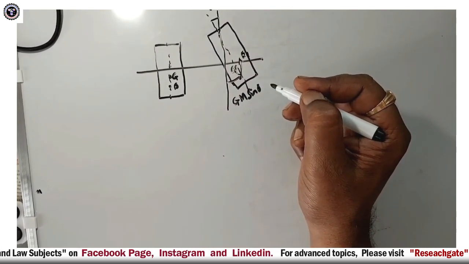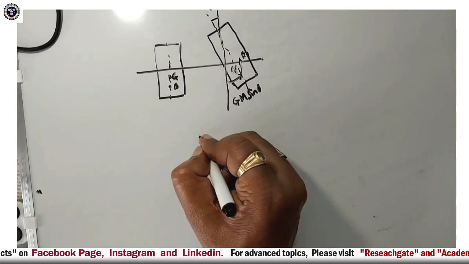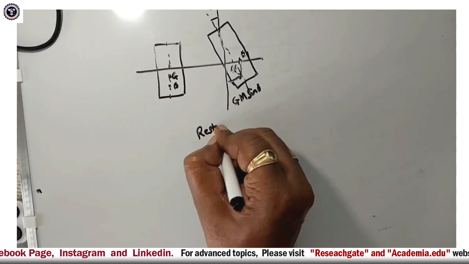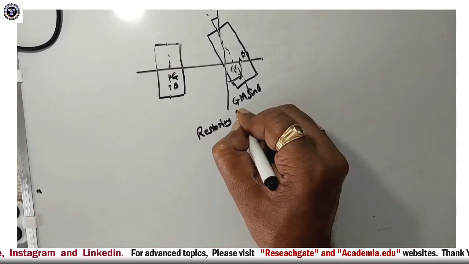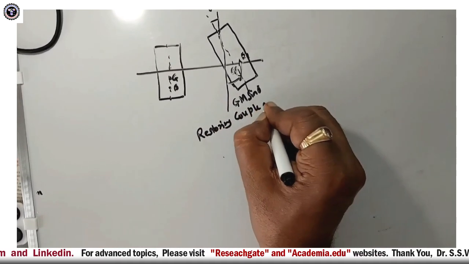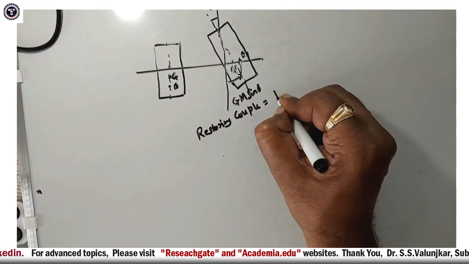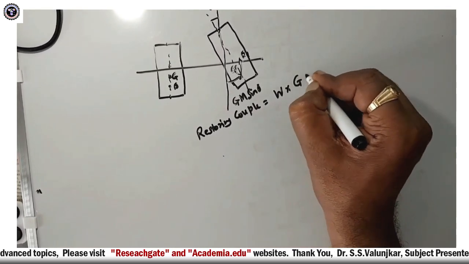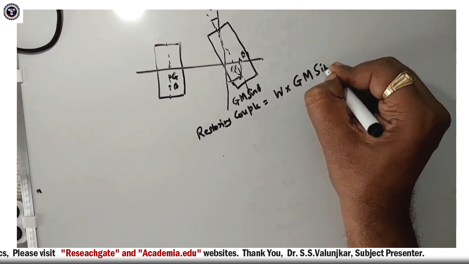So restoring couple is equal to W into GM sin theta.